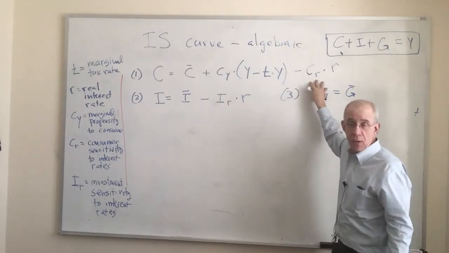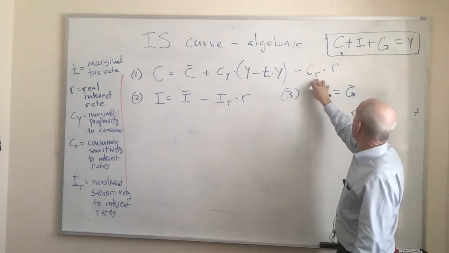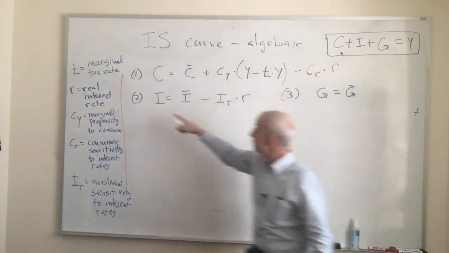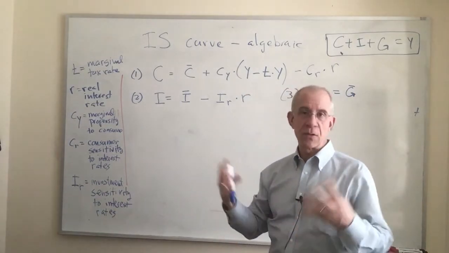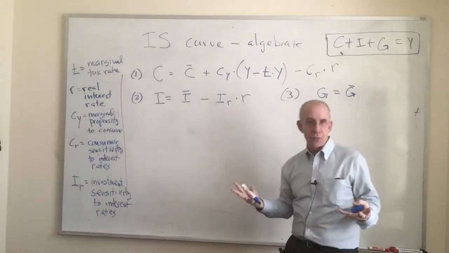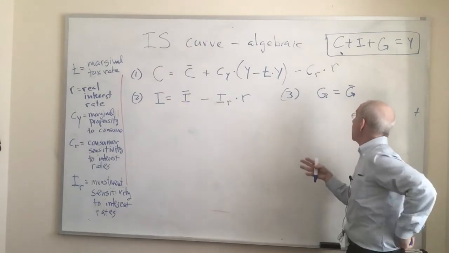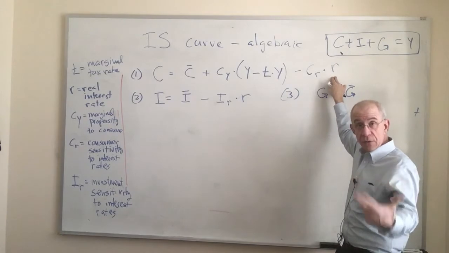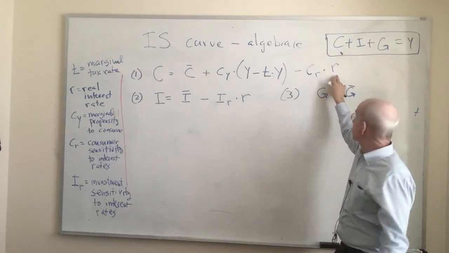And then we're going to have a new component, which we've not talked about before, but which is, I think, quite intuitive, which is that consumers react to the real interest rate too. Now, if we abstract from any kind of inflationary pressures, nominal and real interest rates are the same, but I want to go ahead and use real interest rates for this version. So consumption will be negatively related to the interest rate. With higher interest rates, you consume less because you can't borrow as much.